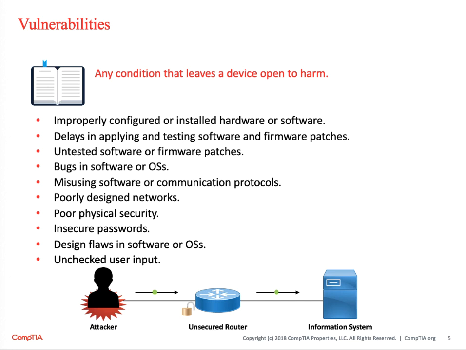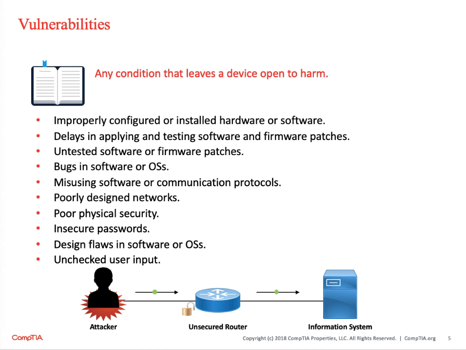We could have poorly designed networks, so we could have gaps in our network, right? We could have poor physical security, same deal here. Insecure passwords. That's why all the time you see nowadays where they're saying, okay, make an uppercase and lowercase and X amount of crazy characters and numbers, all of that, right?